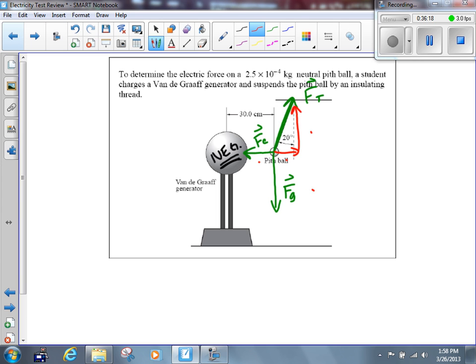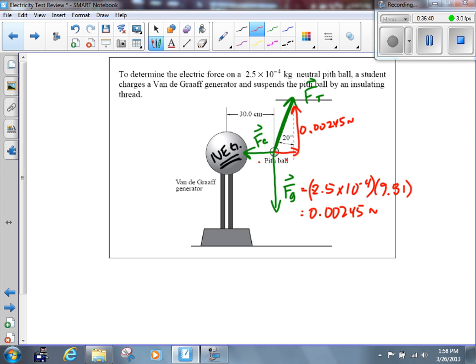Well, I can find the force of gravity easily. It's 2.5 times 10 to the negative 4 times 9.81. That gives me 0.00245 newtons. Well, if the force of gravity down is 0.00245, then this force is also 0.00245 newtons.